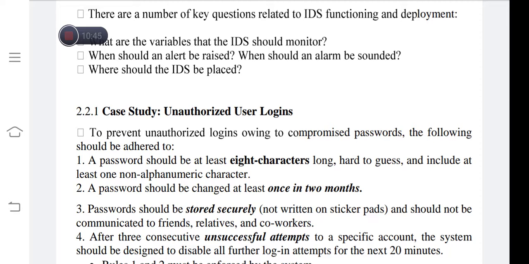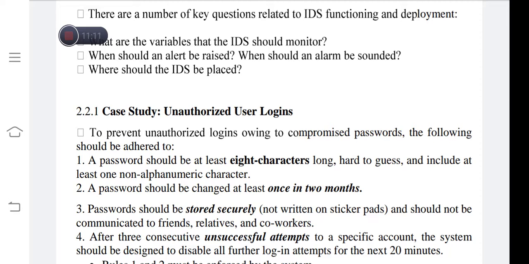The password should be at least 8 characters and should be changed once a month so that it becomes hard to guess. Various constraints can include at least one non-alphanumeric character, and obviously these passwords should be stored securely.